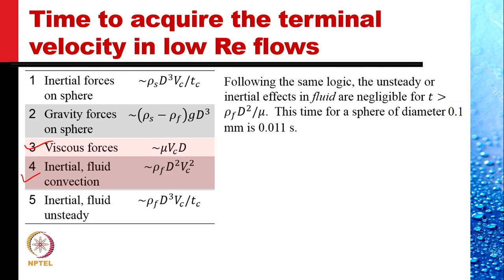We can neglect the inertial effects of the fluids. This time for a sphere of diameter 0.1 millimeter is 0.011 second for water. Rho f, we have to choose the fluid. So we choose this as water, and this comes out to be 0.011 second. The earlier time was 0.028 seconds.